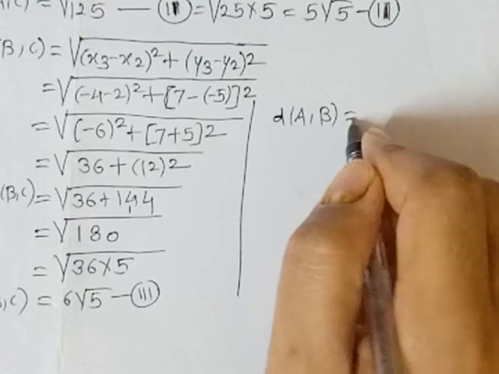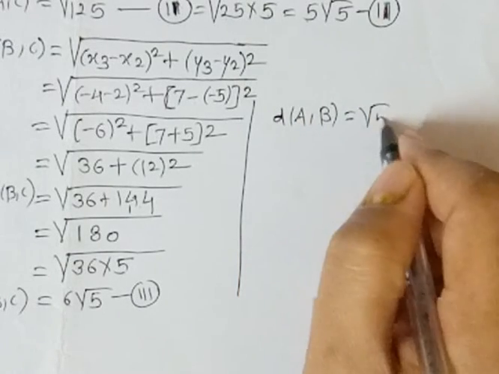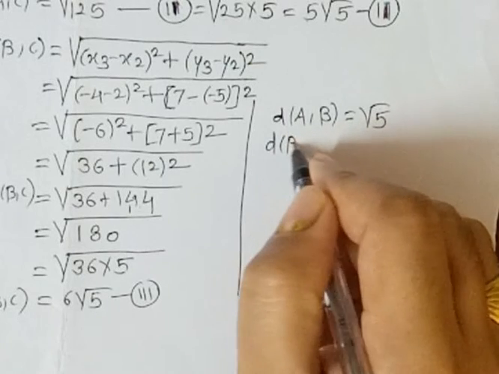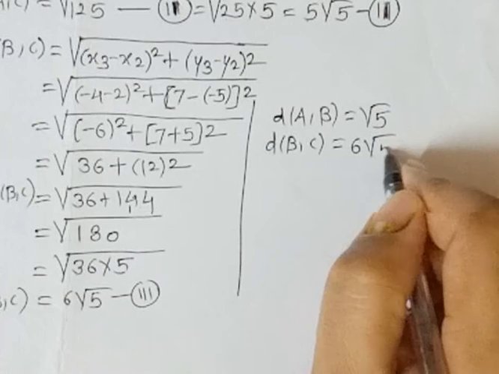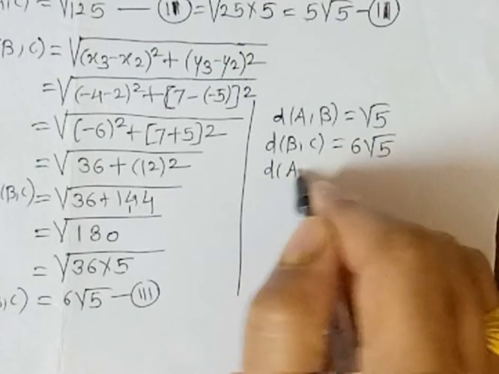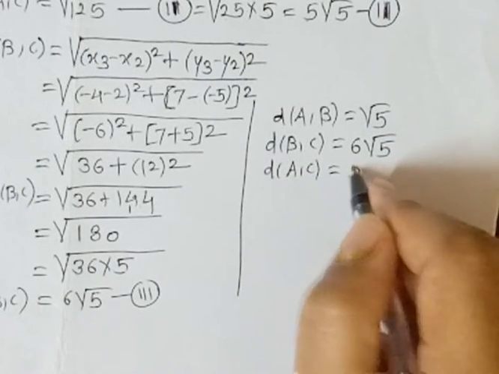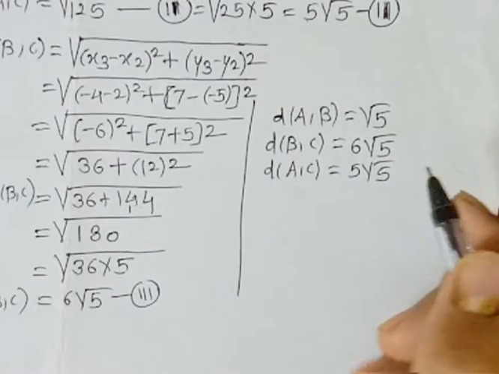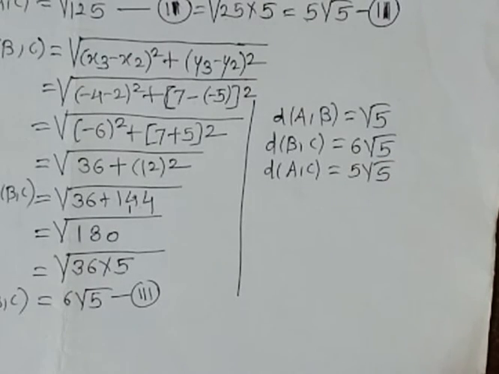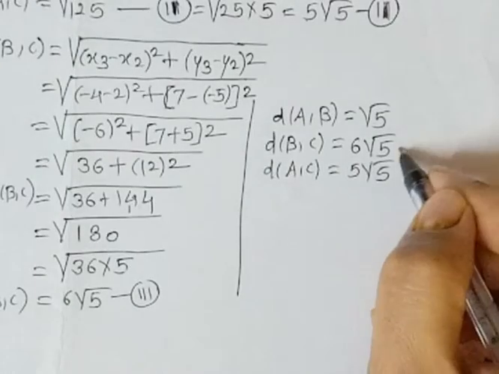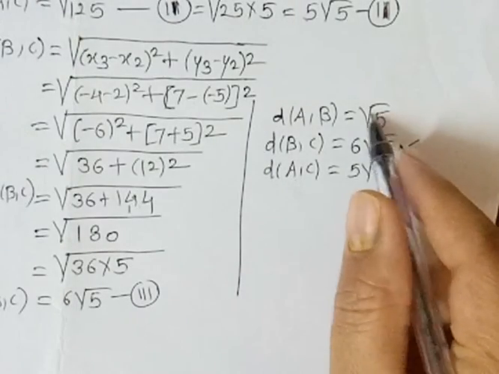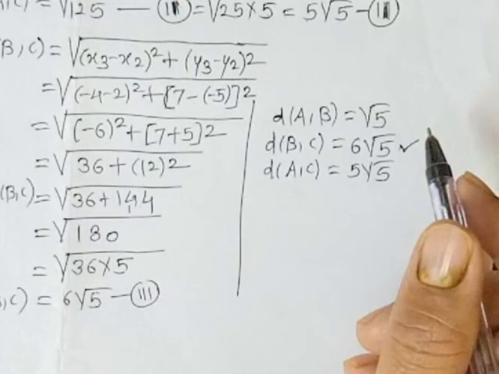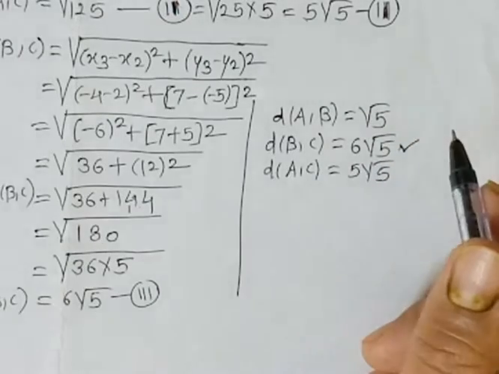Distance AB is equal to how much? Root 5. Distance BC is equal to how much? 6 root 5. And distance AC is equal to 5 root 5. Now see which is the greater? Greater is this one, 6 root 5, is it right? If this 6 root 5 is equal to the addition of these two numbers, then these 3 points are collinear.